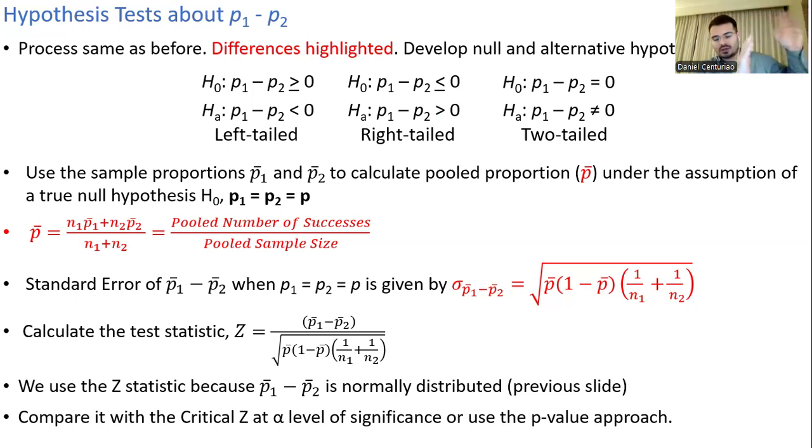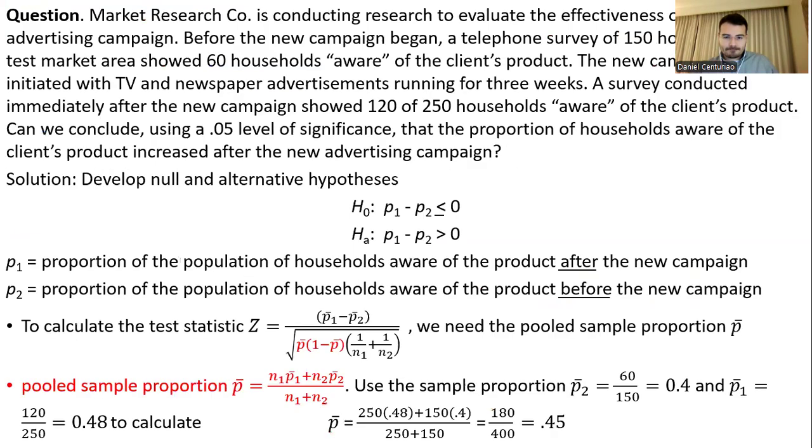You just need the difference of the proportion. Because of that, we don't have V here as we had previously in the forms.